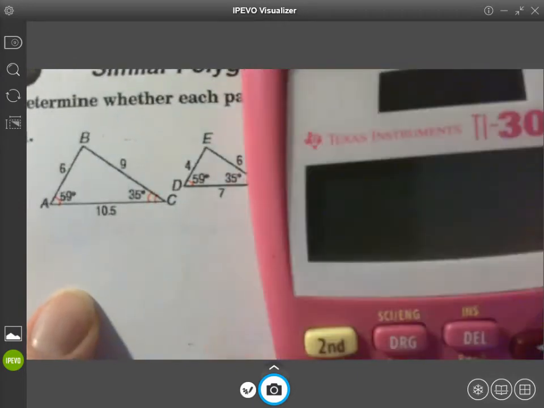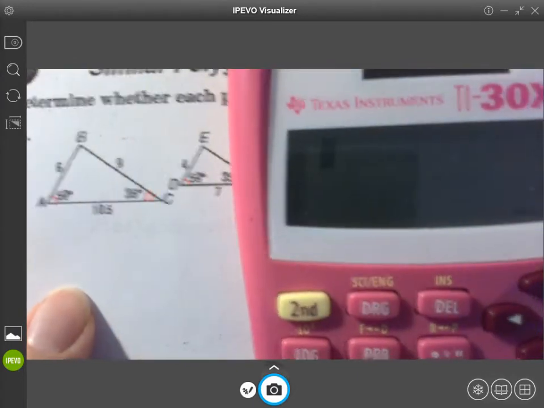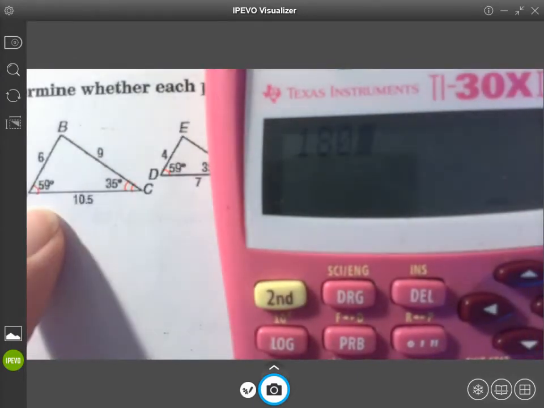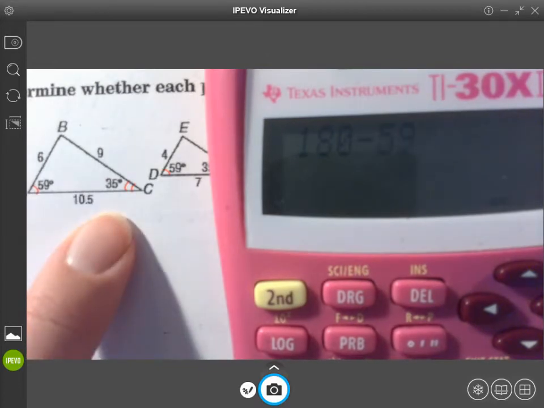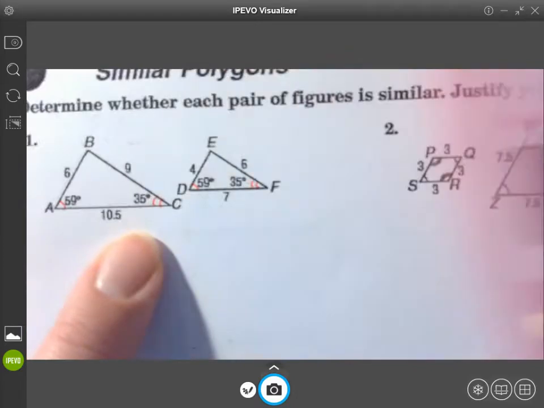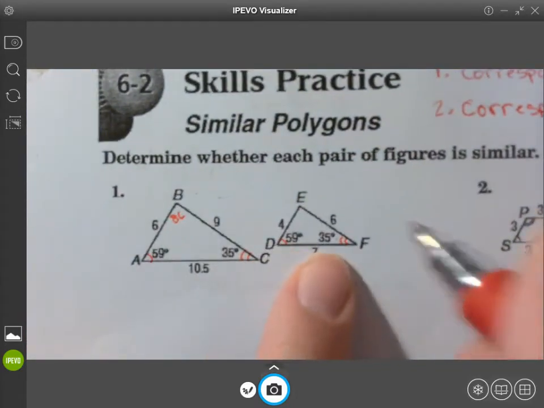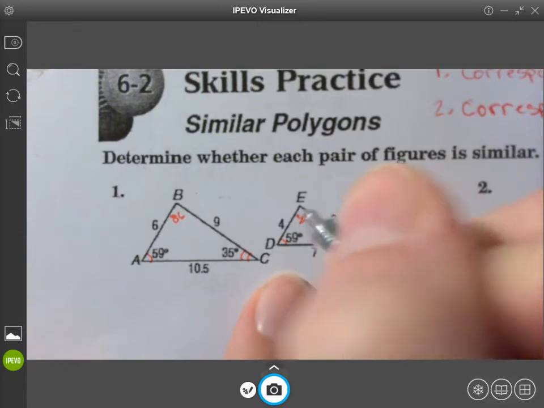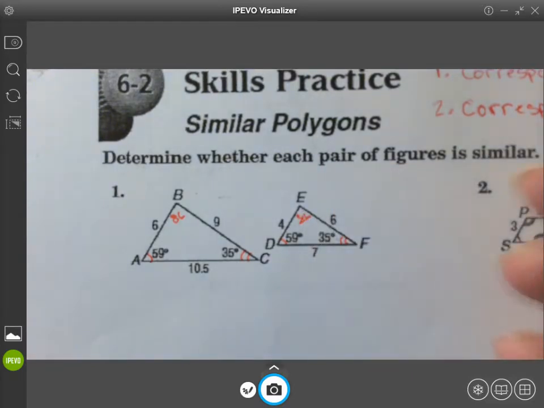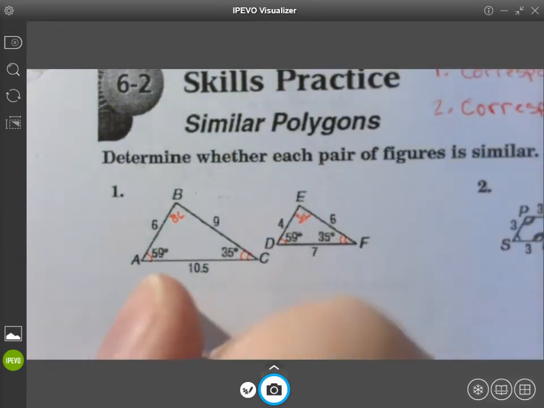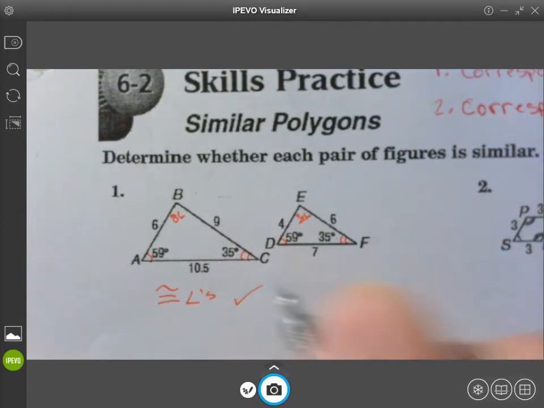There is only 180 degrees in each triangle. So if you take 180, take away the 59, and take away the 35, you end up with 86 degrees. Both of them have the same top angle. So we do have congruent angles. Check, done.